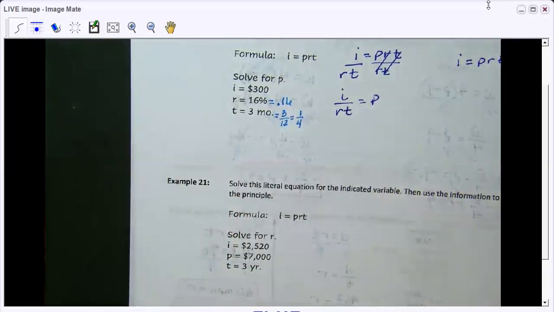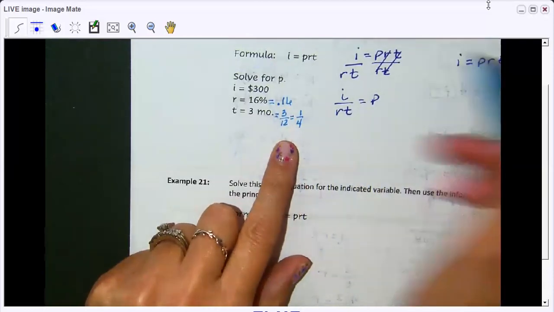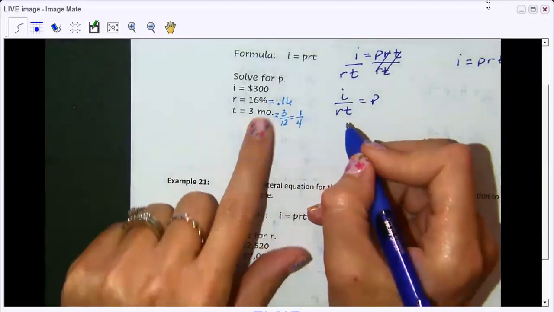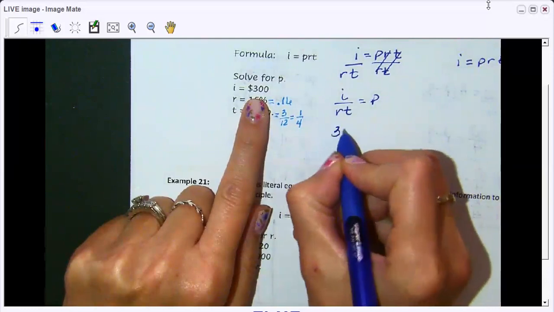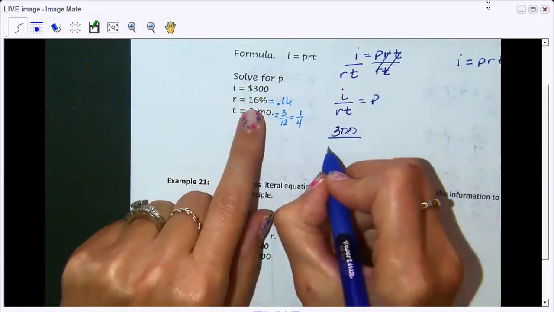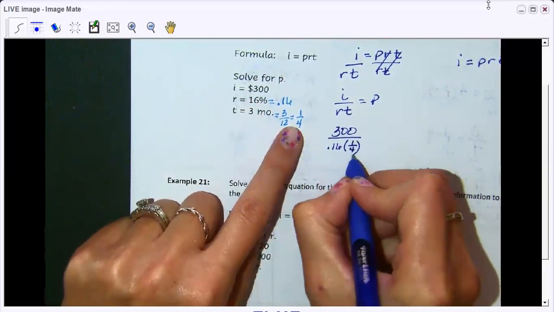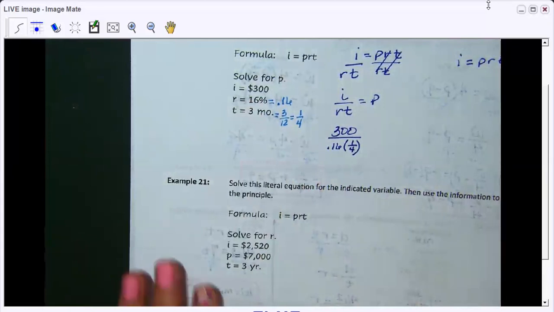So when you plug this in, make sure you're plugging it in correctly. We've already done the interest rate lesson, so this isn't new. I'm going to plug in both sets to show what it would look like. So interest is 300 divided by my rate, which is 0.16, times my time, which is 1/4. What's 1/4 as a decimal? 0.25.